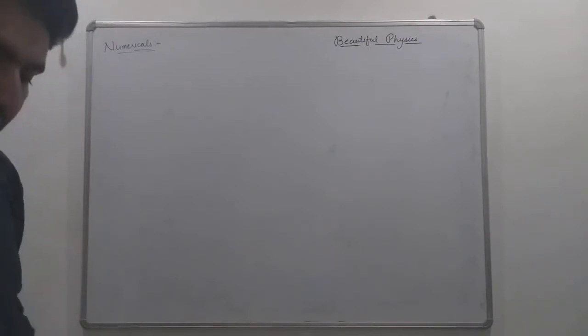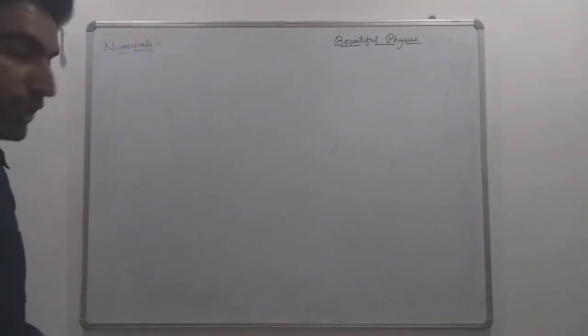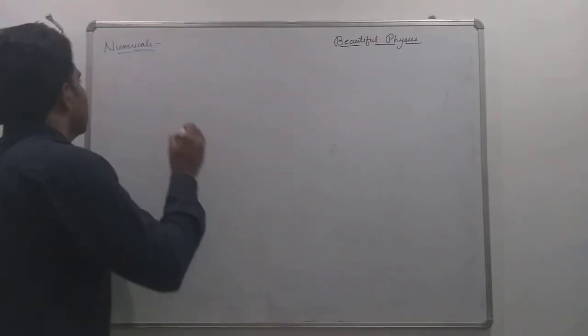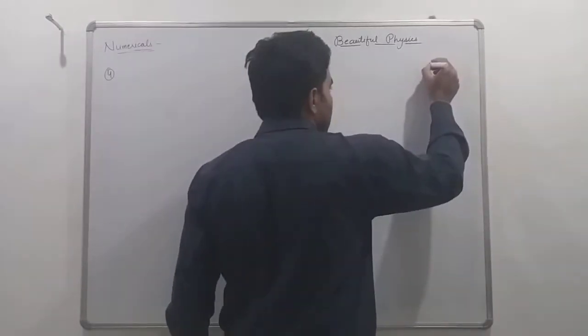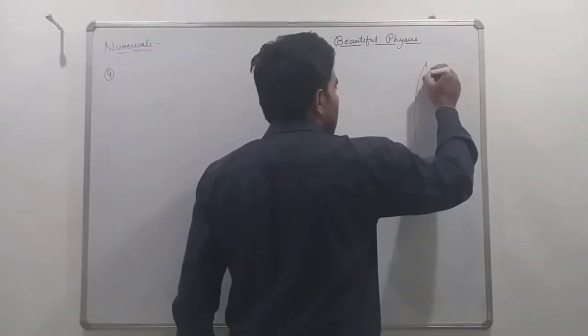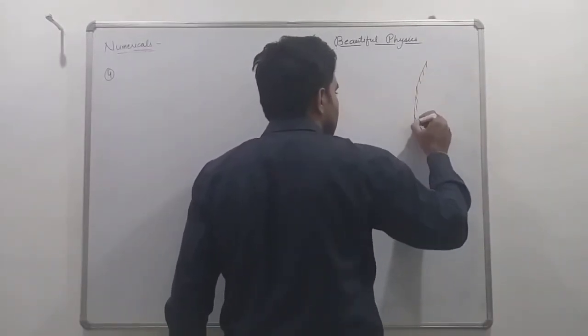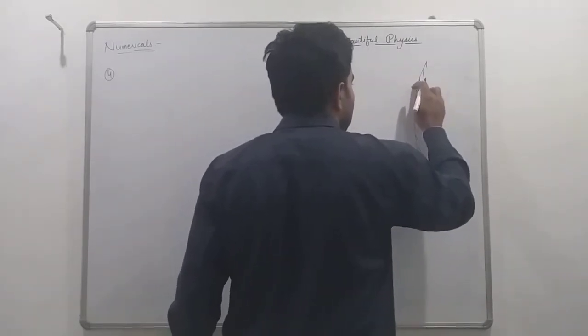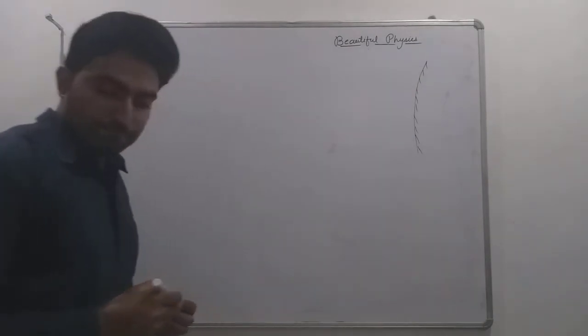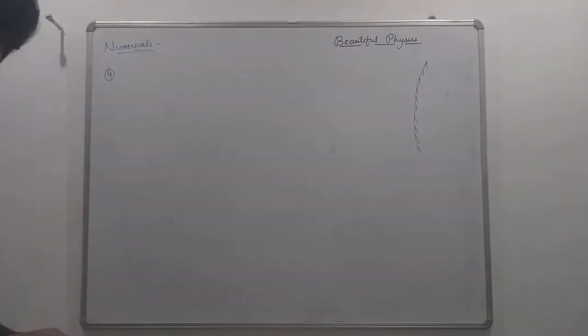We are given a convex mirror which is used as a rear view mirror in an automobile, and it has a radius of curvature of 3 meter.